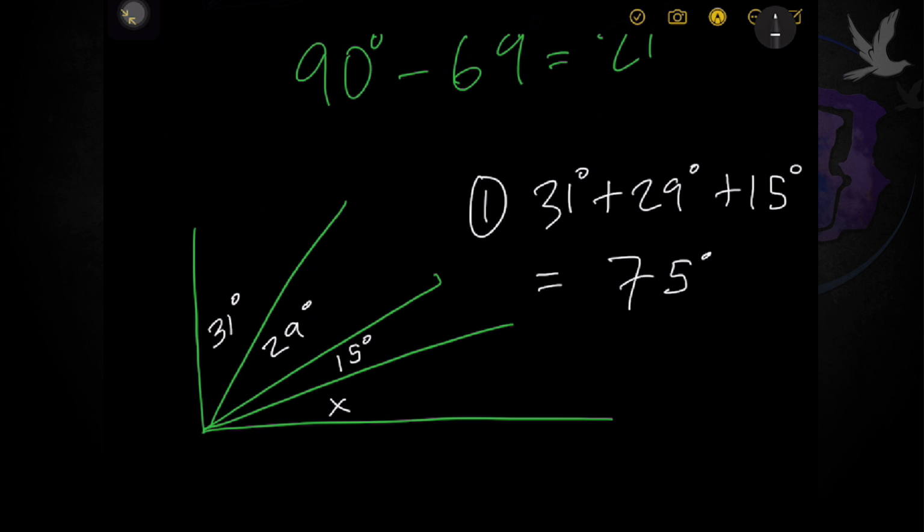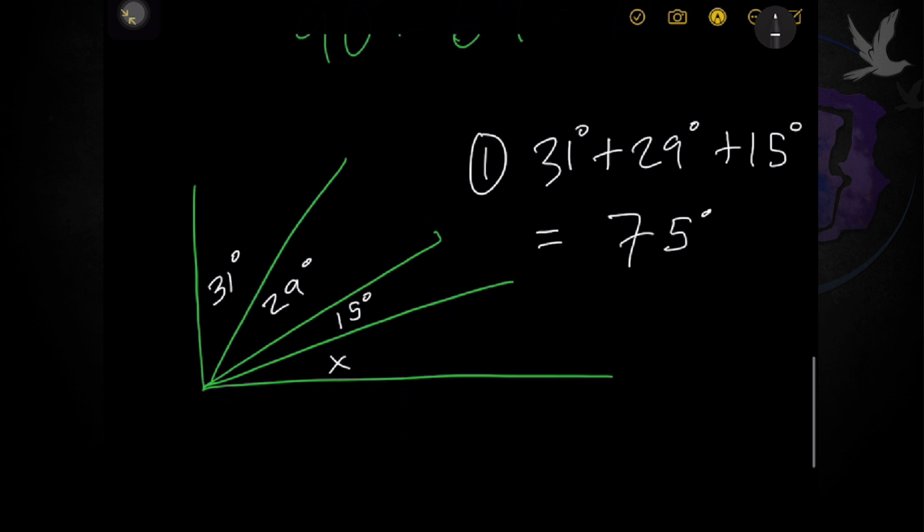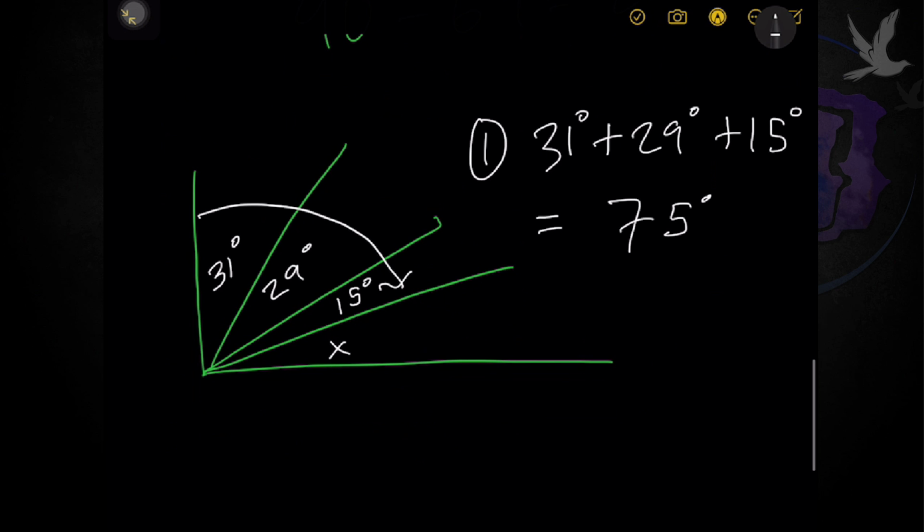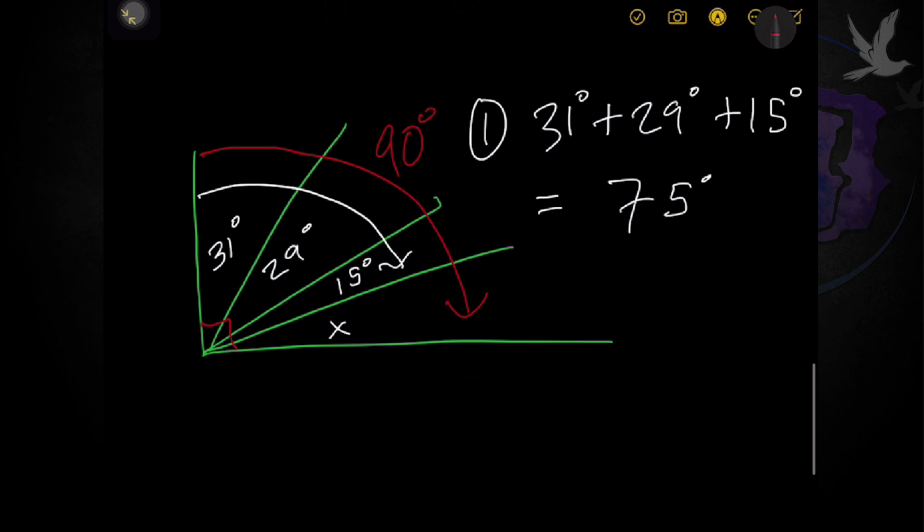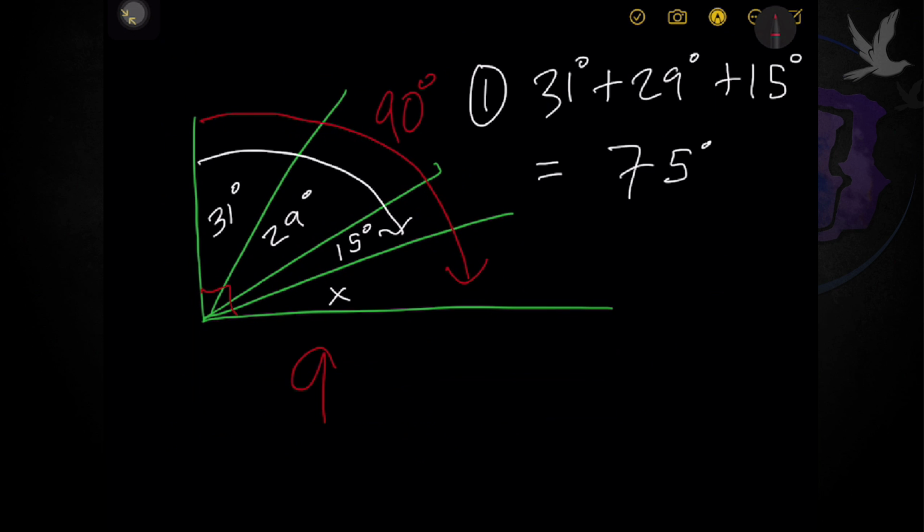Okay, meron na tayong 75 degrees ngayon. Then what are you going to do now? Knowing that the sum of this is 75 degrees, but you should also know that since this is a right angle, the measurement here is 90 degrees. And to solve for the value of x, all you have to do is take 90 degrees and subtract the total, which is 75 degrees.